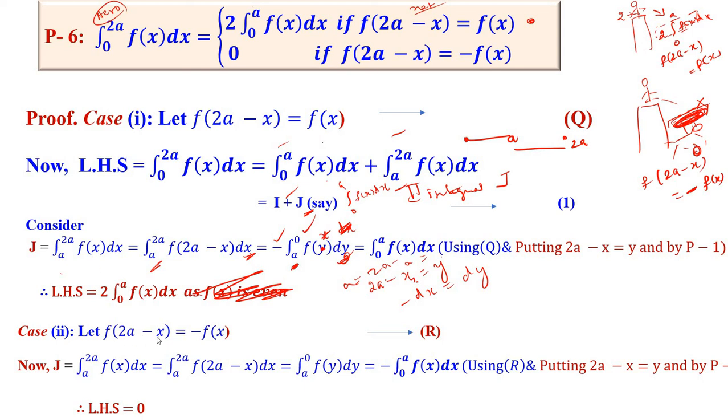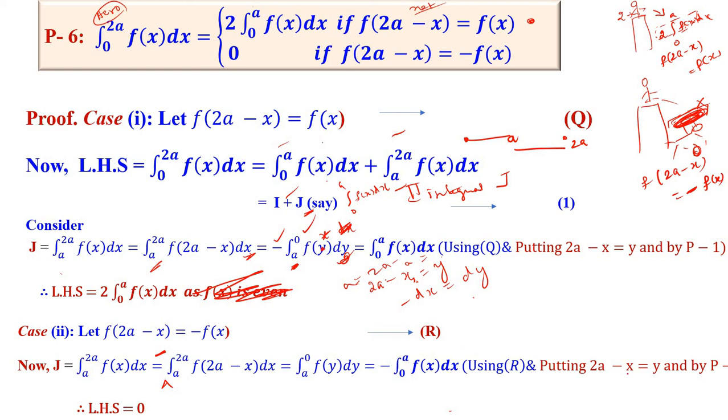Now when we consider f of 2a minus x as minus f of x, it's a wrong net. Net is there, but it is not correct, a wrong net. So integral a to 2a f of x dx, when we consider, you're replacing that with the negative sign: minus integral a to 2a f of 2a minus x dx.